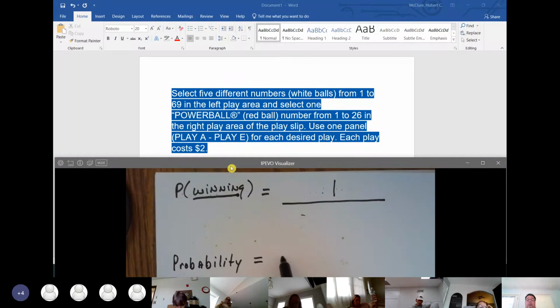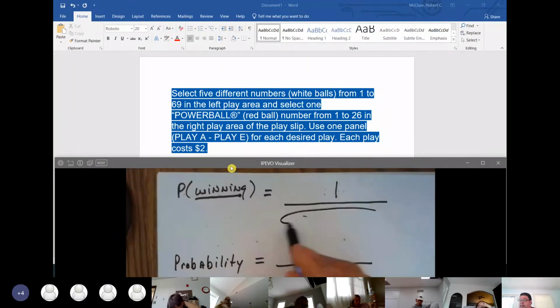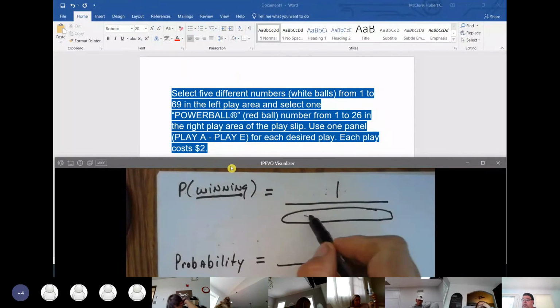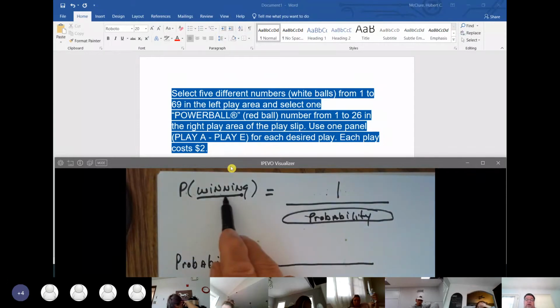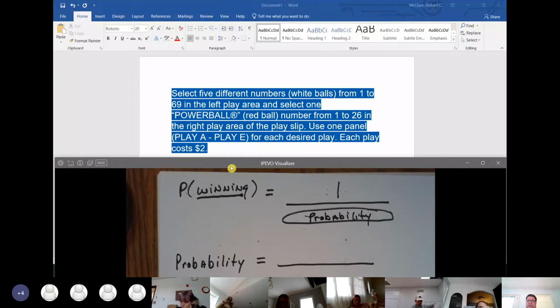They don't want 1 over that number. One over the probability is your probability of winning. Just the probability is the denominator. So it's important that you read the question, because I don't want you to miss the question because you didn't read it.